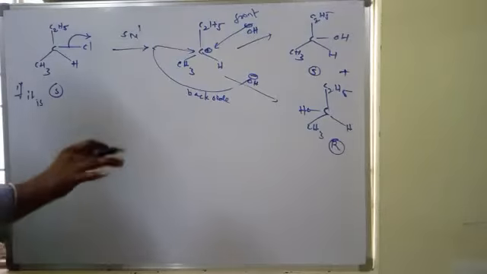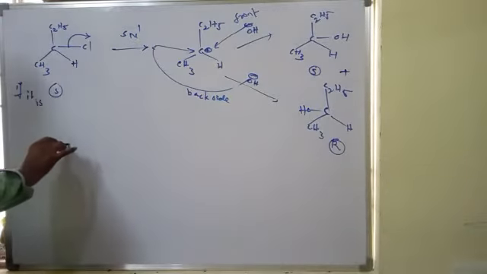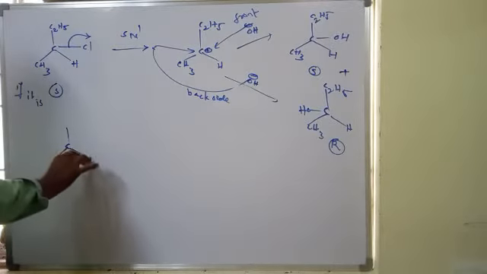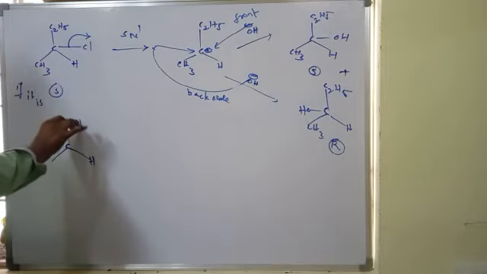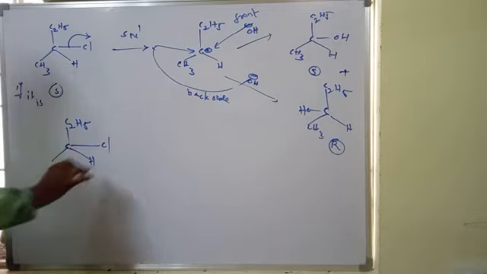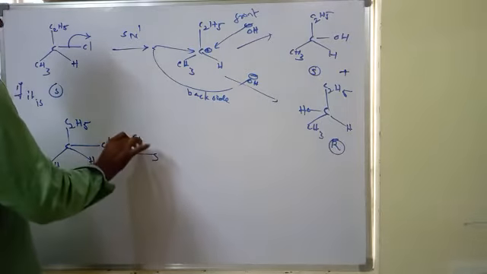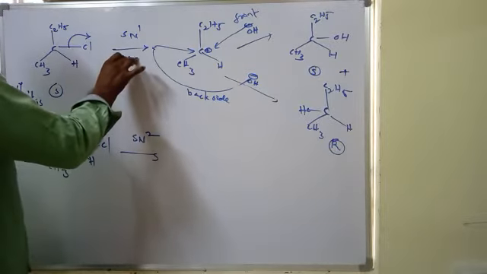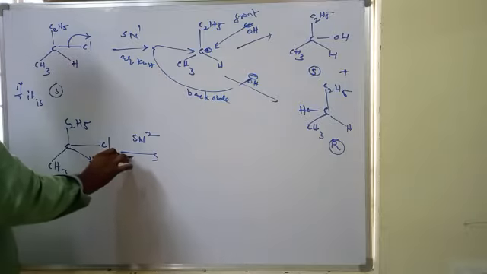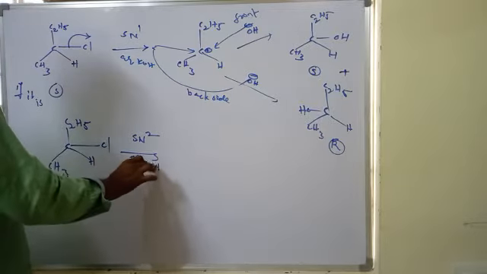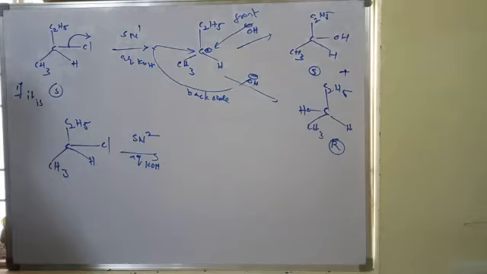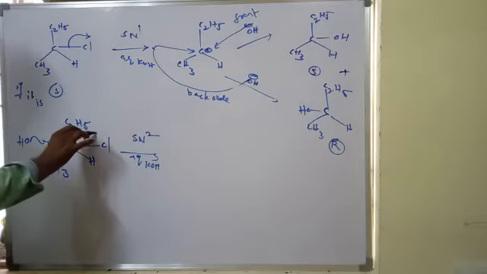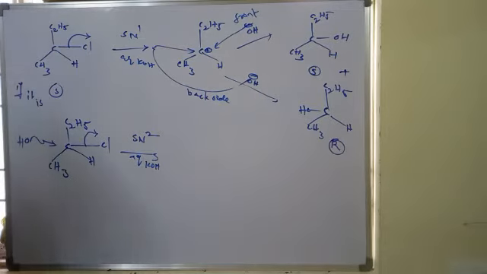But if the same reactant participates in the SN2 mechanism, with aqueous KOH, simultaneously OH attacks from the back side and chlorine is eliminated from the front side at a time.